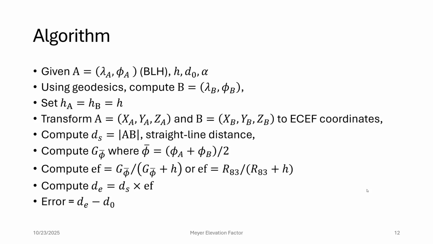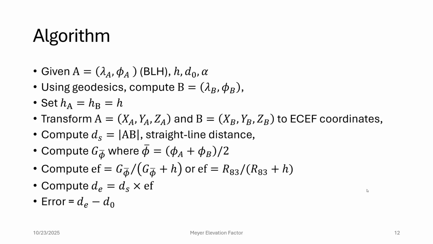These are three-dimensional Cartesian coordinates. Then I calculate the slope distance between them simply using the three-dimensional form of Pythagoras' formula: the square root of the change in x squared plus the change in y squared plus the change in z squared.